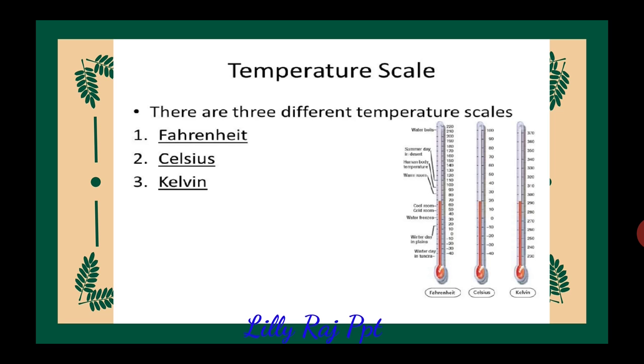There are three different temperature scales: Fahrenheit, Celsius and Kelvin. Already you know about that, so we can recall these things: Fahrenheit, Celsius and Kelvin.